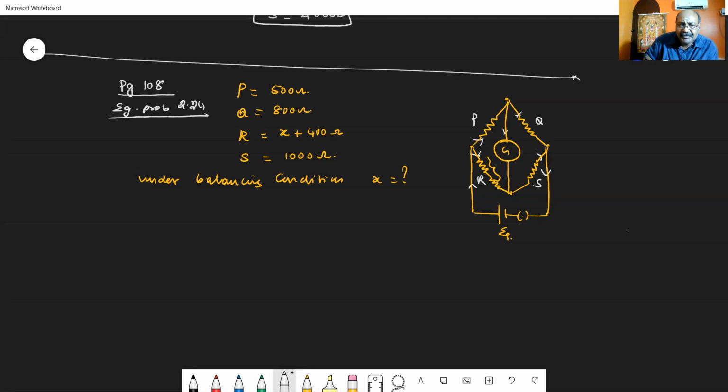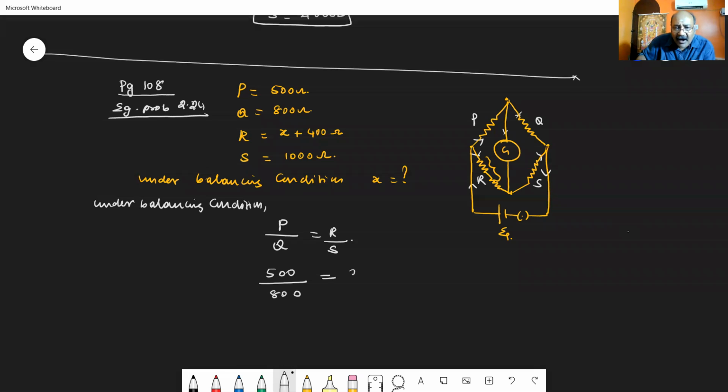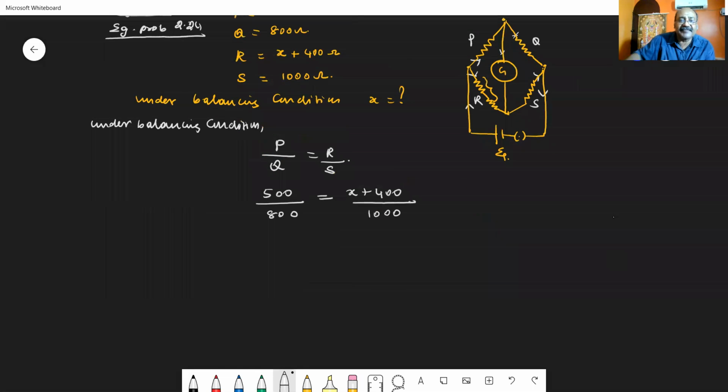As we know, under balancing condition, the result is P divided by Q should be equal to R divided by S. Substitute, it is 500 by Q, it is 800, is equal to, what is R? R is X plus 400 divided by 1000. So you simplify to get the value of X.